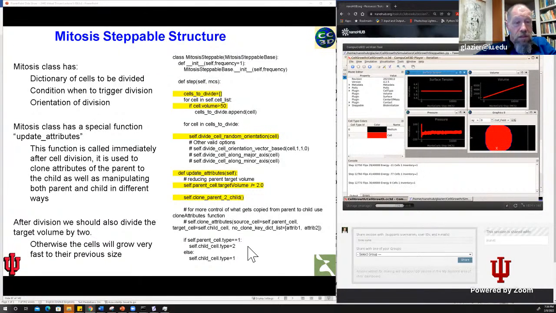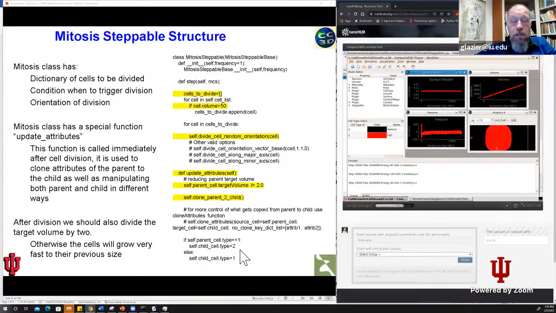I won't promise that it absolutely always copies everything, but it's supposed to. It uses a function called deep copy in Python, which is slow but very powerful. It's possible also to only clone certain attributes of the parent. We typically don't do that.